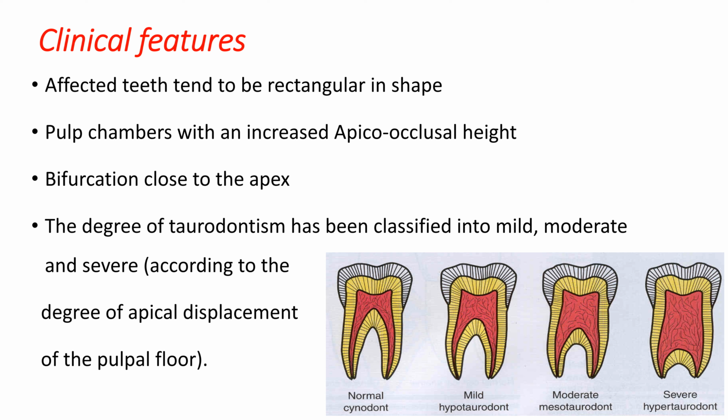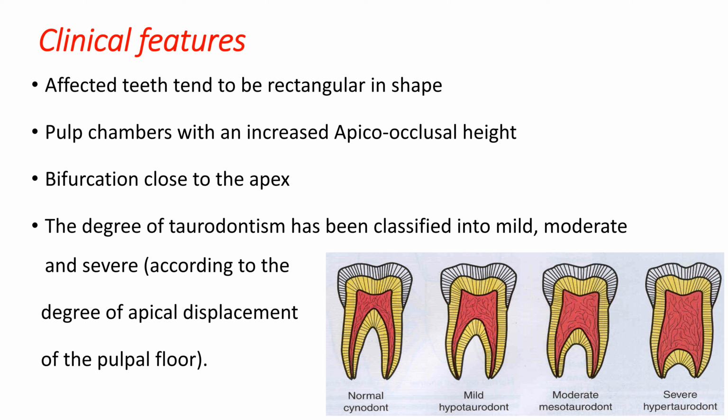The diagnosis is usually made subjectively from the radiographic appearance. The degree of taurodontism has been classified into mild, moderate and severe forms according to the degree of apical displacement of the pulpal floor.